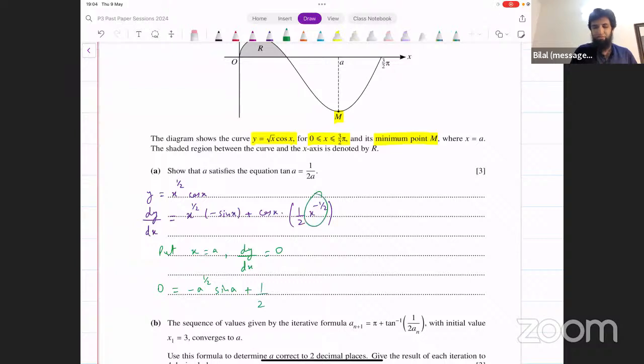I can write this x in the denominator with positive power, x power 1 over 2, into cos of x. Again, it should be a instead of x, so a raised to the power 1 over 2 and cos of a in the numerator. Make sense? So derivative is 0. In place of x, I've input a. Now let's simplify this.